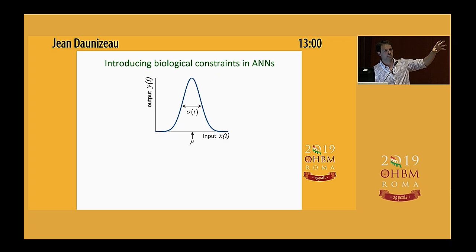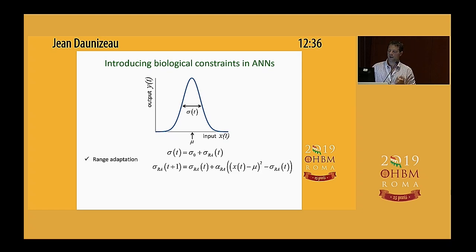And then the first constraint we're going to, well, okay, let me describe this function. So we took a Gaussian. We can use other types of activation function, but effectively this Gaussian has two parameters. By Gaussian here, I mean that the way each unit responds to whatever enters the unit is a Gaussian-like response, right? So it has a mean and a standard deviation, and I'm going to assume that this standard deviation actually changes over trials, because it follows range adaptation.